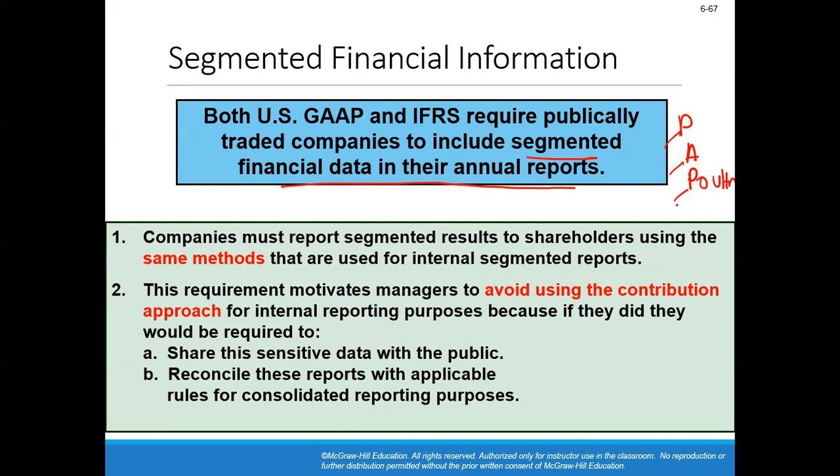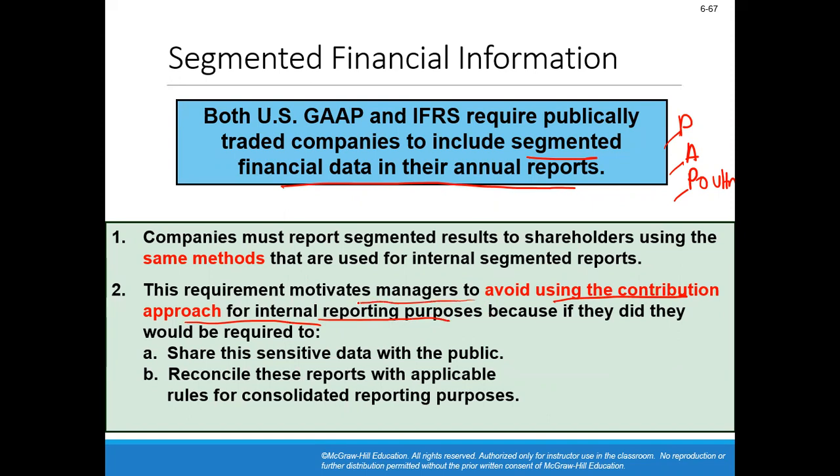So as the companies are required to report their segments, and companies are supposed to use the absorption costing by the regulation, what they want to do is avoid the contribution approach for internal reporting purpose.